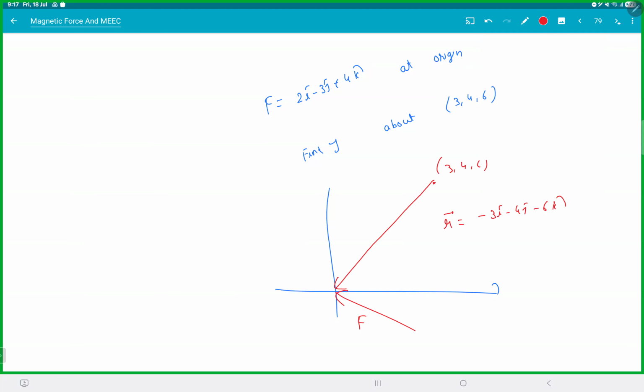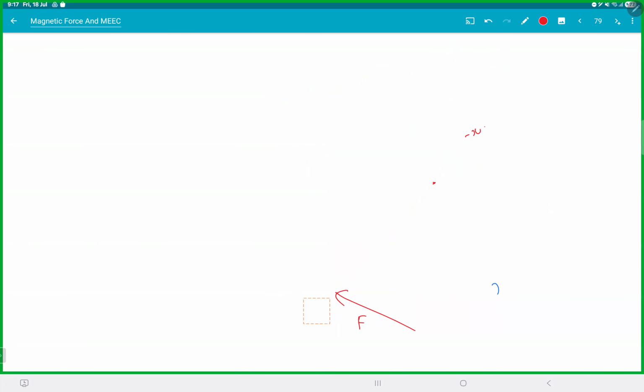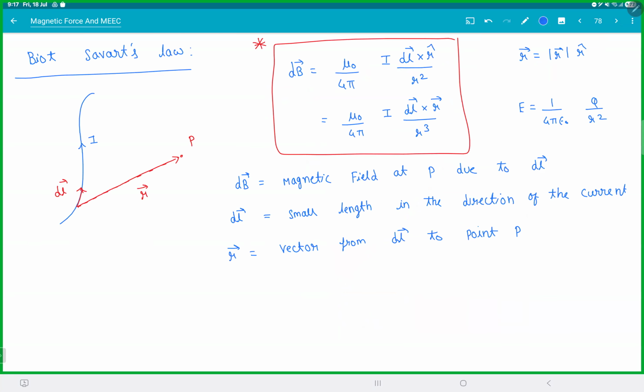R bar is a vector from the axis to the point where the force is applied. Clear with this? Be careful. Don't goof it up. Simple question. Unfortunately, both the answers will be there. So when you see R bar, don't think about position vector. Understand the meaning of it. Same thing here also. This R bar is not the position vector.